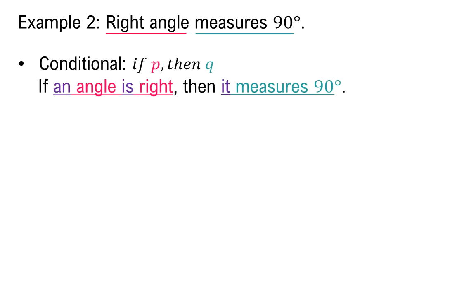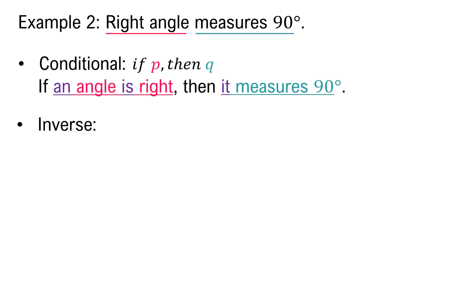And then, sa conclusion natin, ilagay lang natin yung conclusion natin na measures 90 degrees and we're gonna add yung word na it. And then, yung ating conditional statement would be, if an angle is right, then it measures 90 degrees. Yung ating hypothesis would be, an angle is right. At yung conclusion naman natin, it measures 90 degrees.